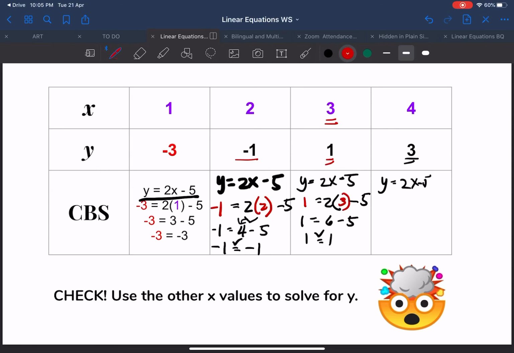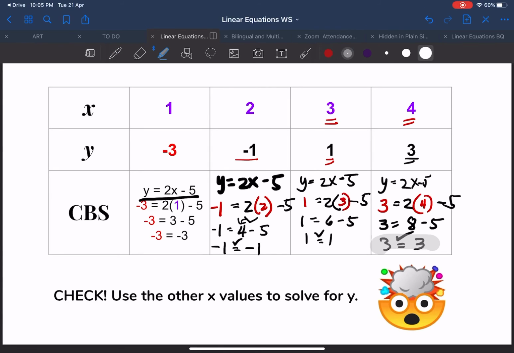Y is 3, equals 2. And what is x? X is 4. And your constant is negative 5. So 3 is equal to 8 minus 5. 3 is equal to 3. So that is how you check.